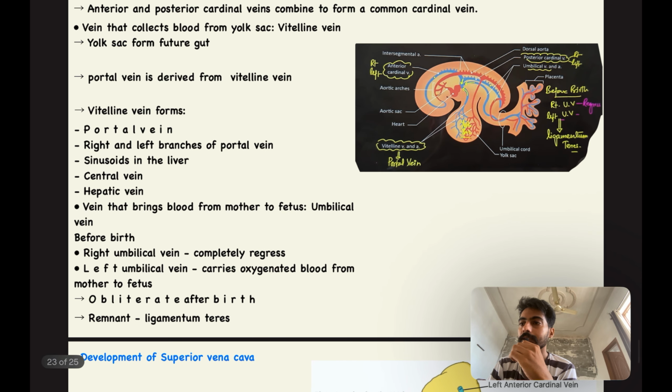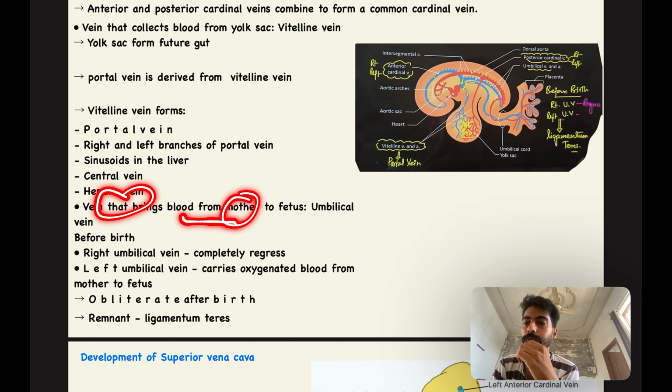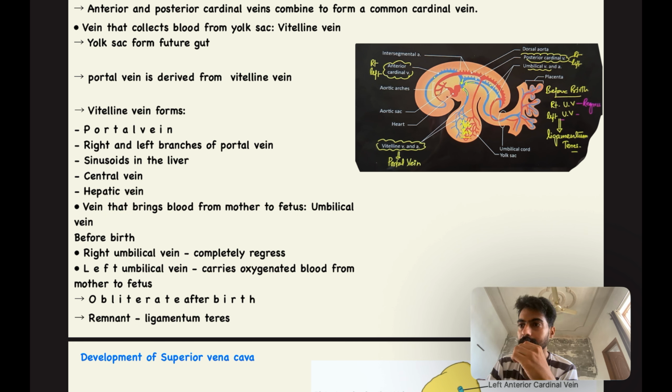And the third one are umbilical veins. These are two types, right and left, and they bring blood from the mother to the fetus. So what will happen to them before birth?